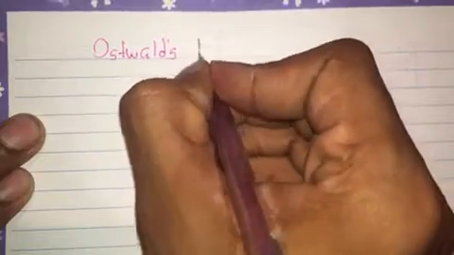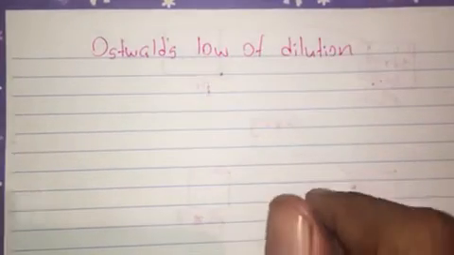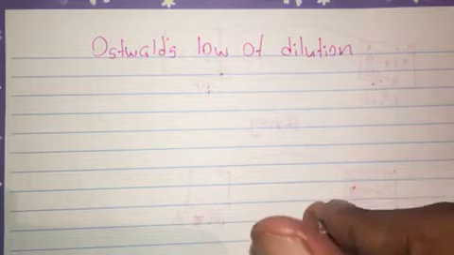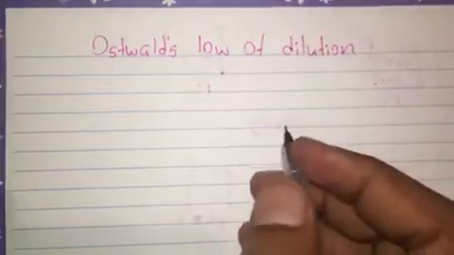For this monobasic weak acid Ka, let's see Ostwald's law of dilution. The scientist Ostwald proposed this law for monobasic weak acid.